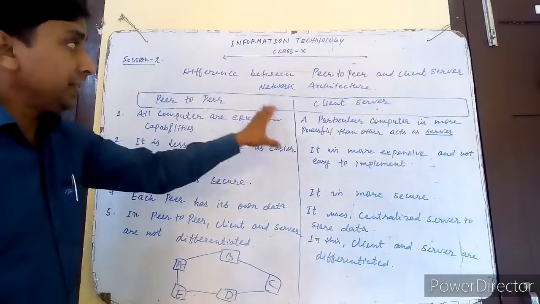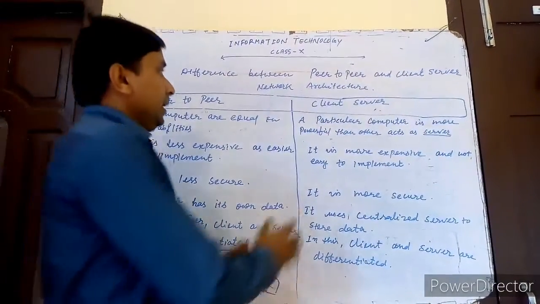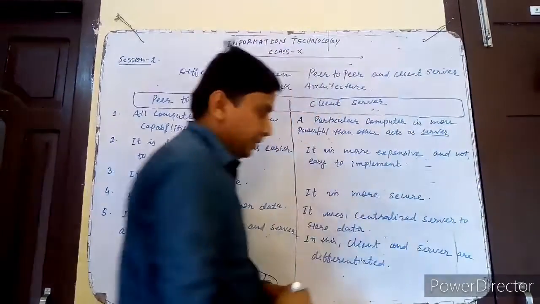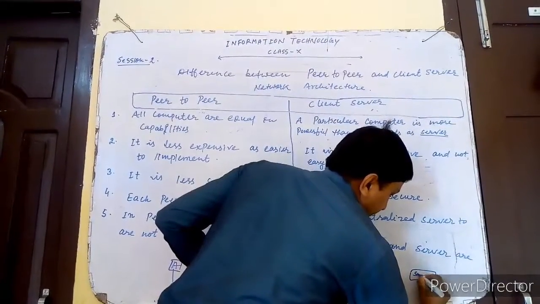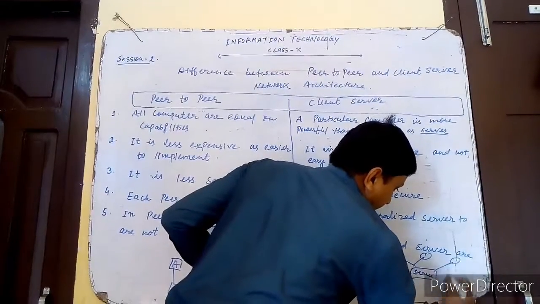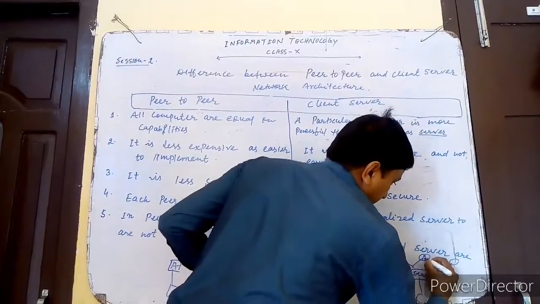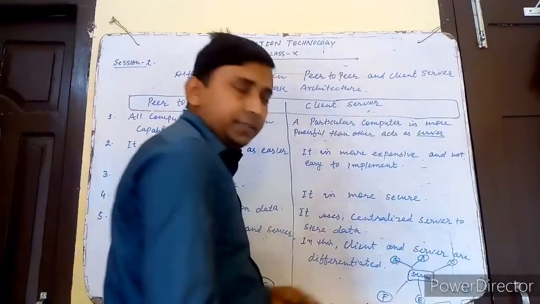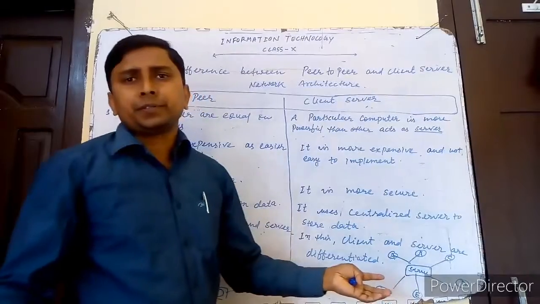But it is different in client-server network architecture. Here a particular computer is more powerful than the others and acts as the server. In client-server there is a server, and every node is connected to it: A, B, C, D, E, F. These are all the nodes, and they do not have much power.